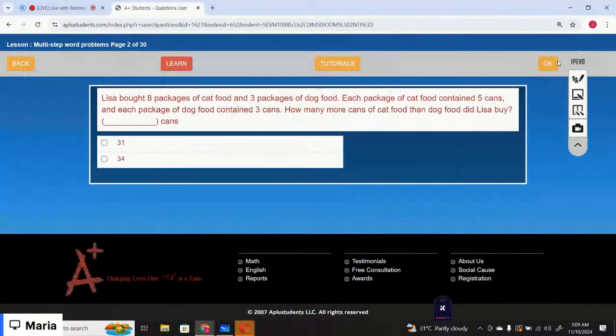Lisa bought 8 packages of cat food and 3 packages of dog food. Each package of cat food contained 5 cans, and each package of dog food contained 3 cans. How many more cans of cat food than dog food did Lisa buy?